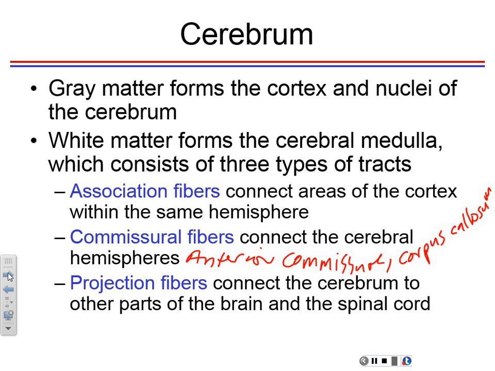Those are commissural fibers. They connect the two sides of the brain. Projection goes to the other parts of the brain and the spinal cord and the lower parts, and these are the ones that decussate in the medulla oblongata. Association is within the same lobe, within the same hemisphere. They connect areas.